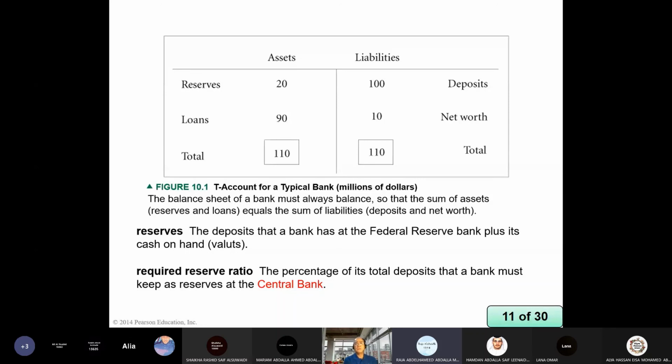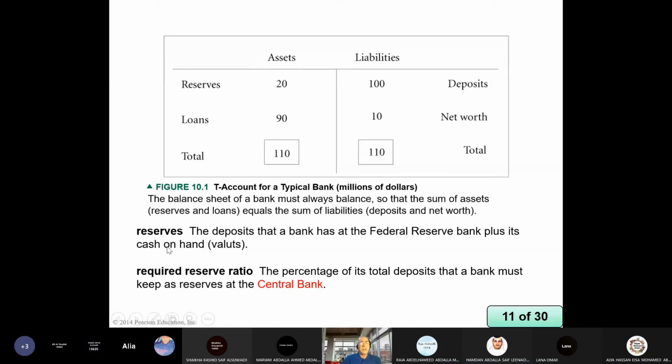The balance sheet of a bank must always balance so that the sum of assets, reserve and loan, equals the sum of liabilities, deposit and net worth. Okay, so this is the balance sheet. The sum of assets equals liabilities. Assets include reserve and loans, while liabilities include deposits and net worth.